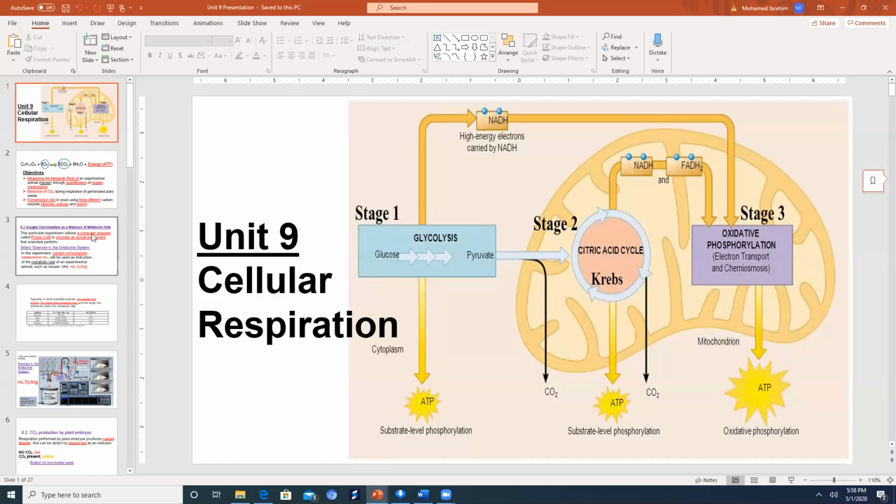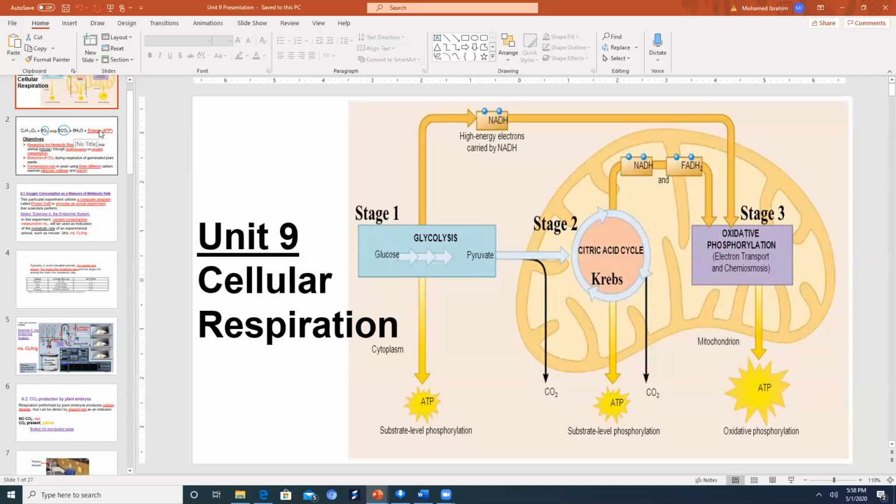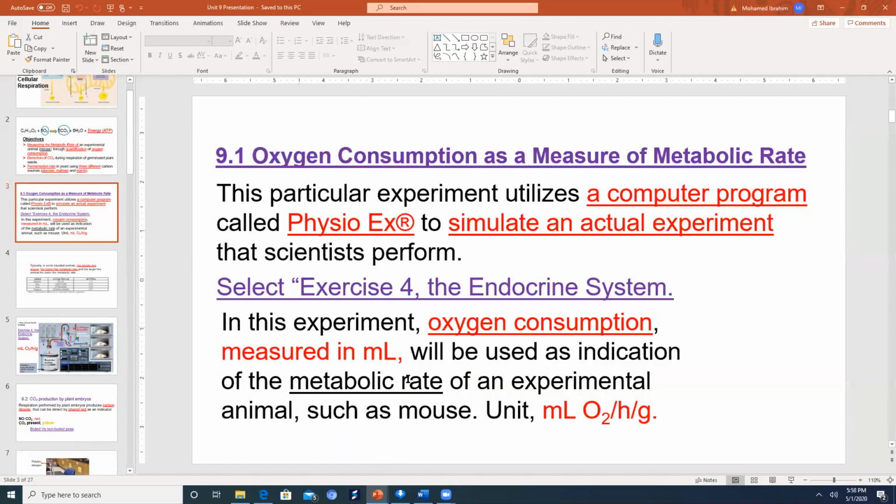Yes. Okay, great. Again, as I mentioned in my last Zoom presentation, what you need to know from this unit is that we have cell respiration in 3 different models: animal, plant, and yeast. For animal, I need you to know 3 things. First, the unit to measure metabolic rate.